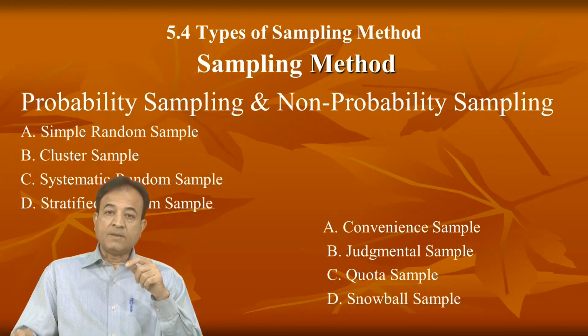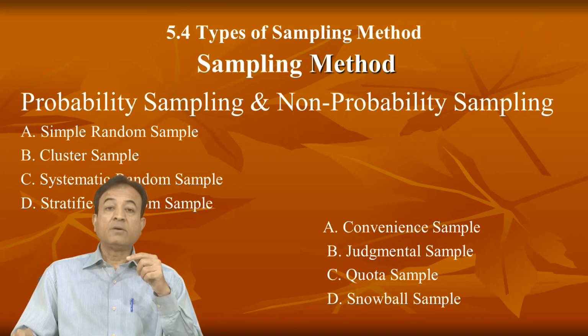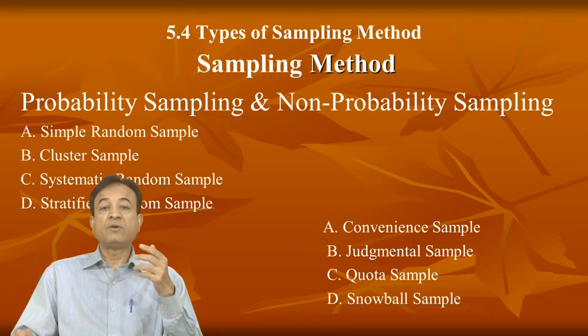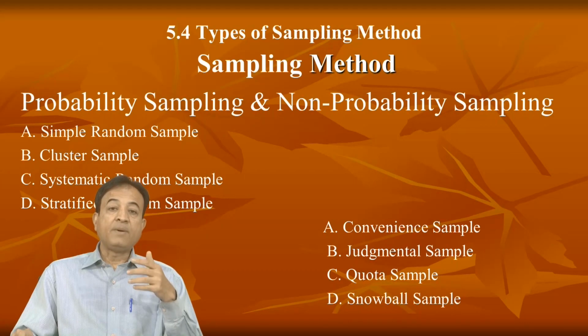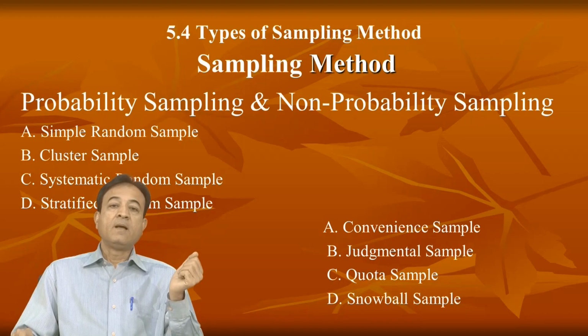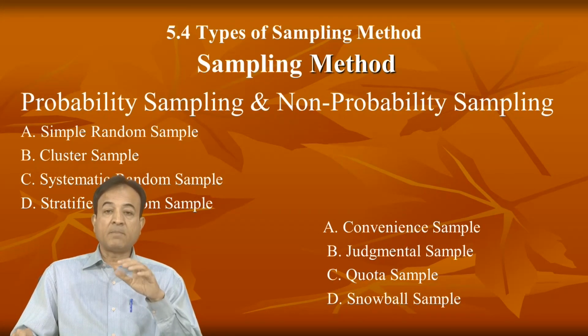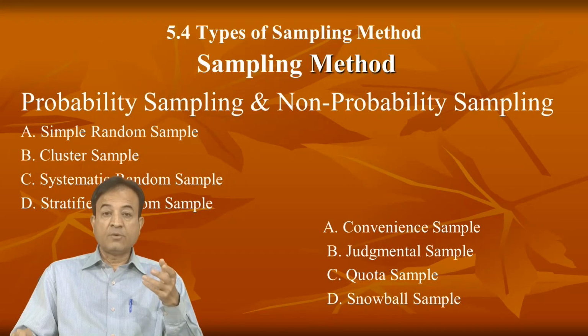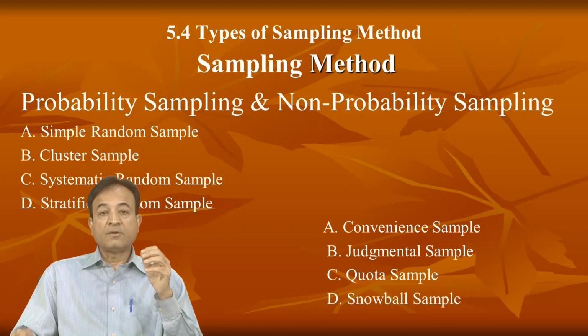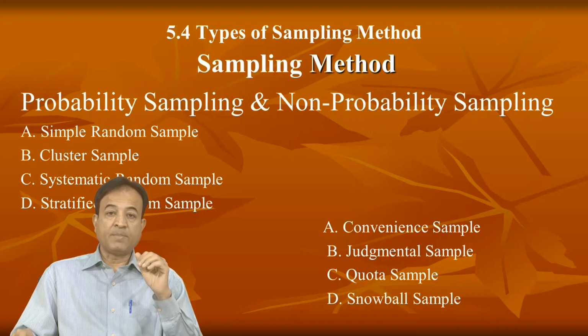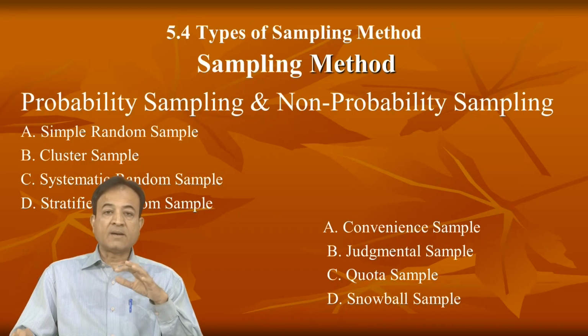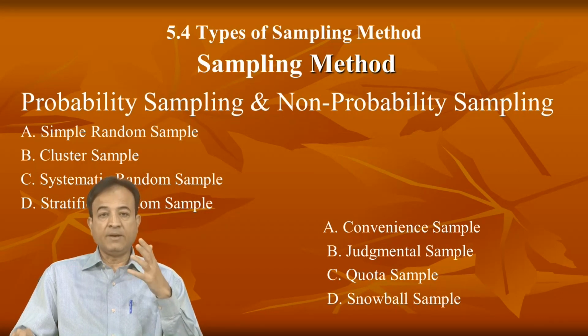However, this method does not require the researcher to have sampling frame or complete list of population. There are 4 types of non-probability sampling methods: convenient sampling, judgmental or purposive sampling, then snowball sampling, and quota sampling. Let us understand each of these in detail.